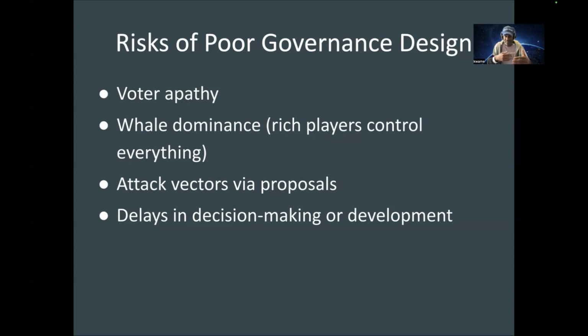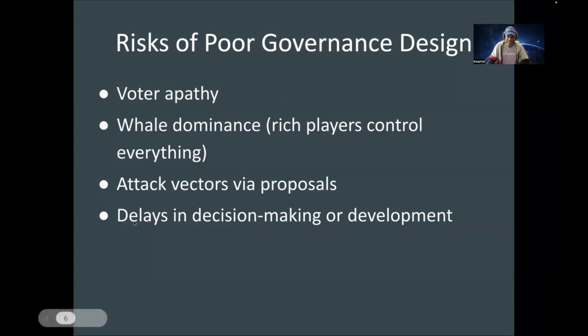Or you could have a whale who can basically buy votes from other people, who join this whale in their direction. This can delay decision making or development because even though you have on-chain voting governance, people sometimes feel that they got cheated or that the process wasn't fair. So we want to balance that, but nothing's perfect.